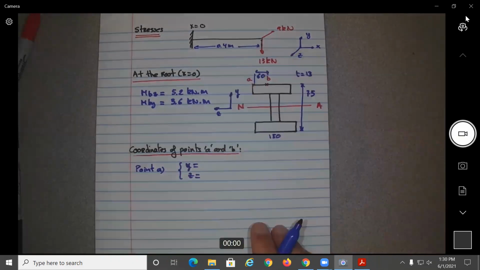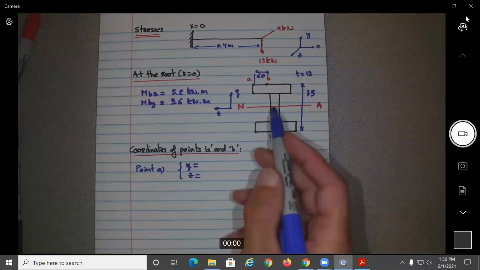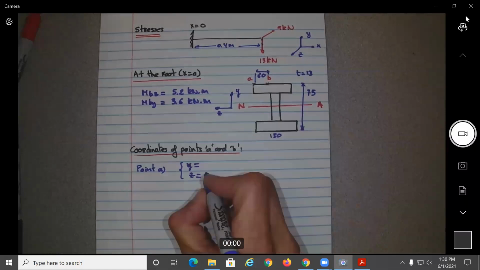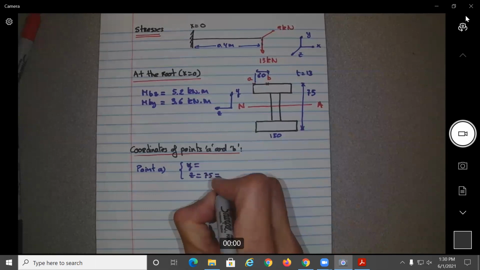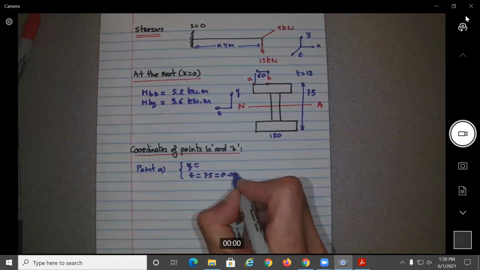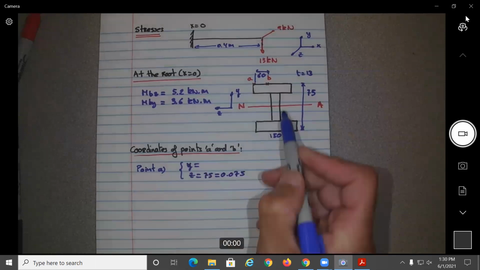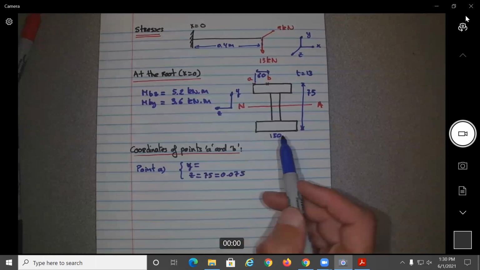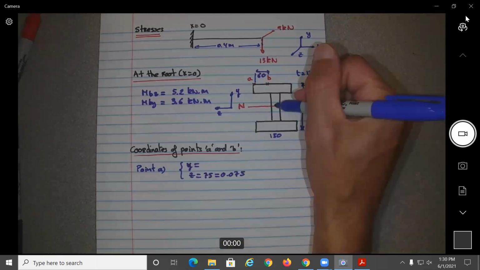So if we look at point A, what should be point A? I'm just going to put the magnitudes, okay? So the Z should be 75 millimeters, which will be 0.075 meters. No, will be half of 150. Imagine the original reference frame is here.